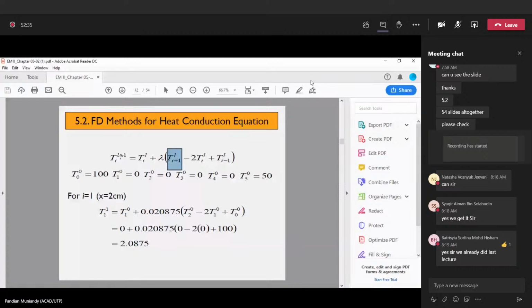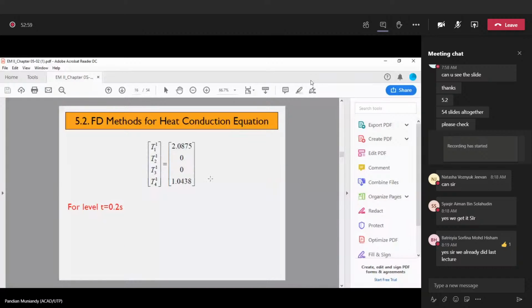So your left hand side is T superscript 2, and all these inside the bracket are T superscript 1. So you want to substitute T superscript 1 subscript 1, the first term, yeah? When you substitute L is 1, this is 1. So for that, you go here. You have to select this one. So T superscript 1 subscript 1 is 2.0875. I'm doing now for t 0.2 the first one, I equals 1.